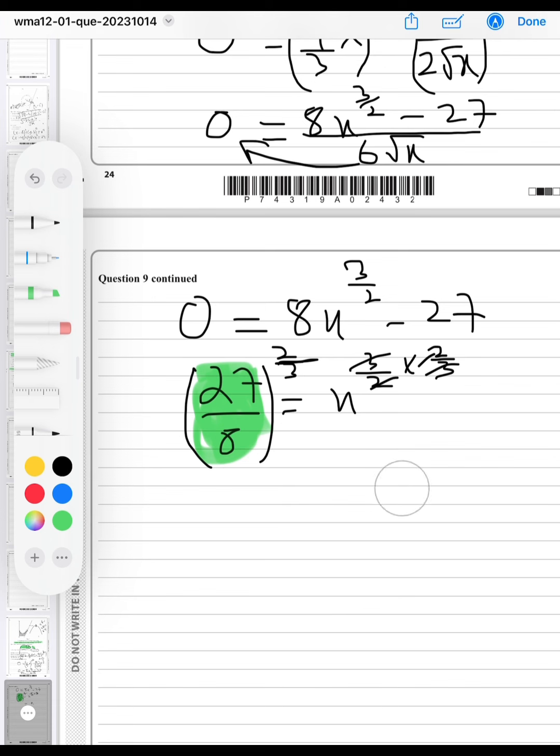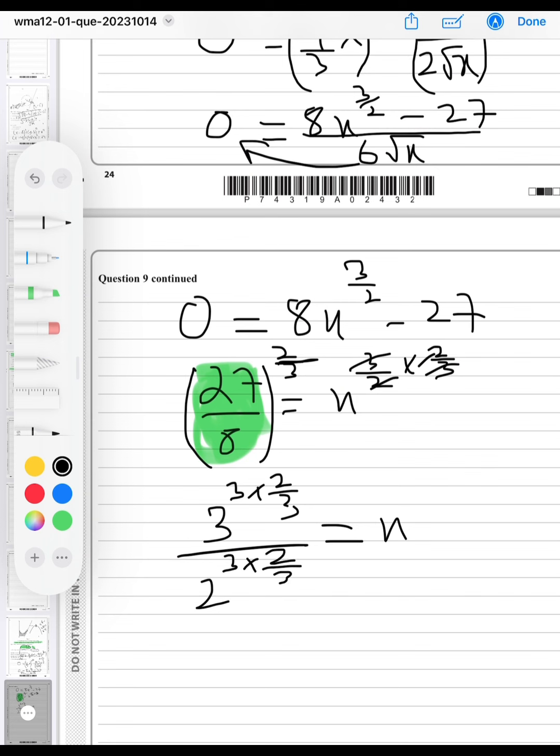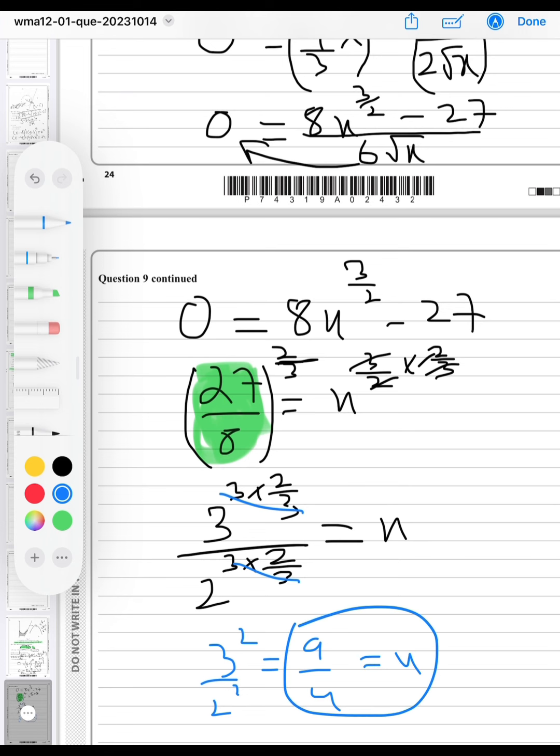So we will just break down these numbers into powers. So 3 to the power of 3 is 27, multiplied by 2 upon 3, and then 2 to the power of 3 is 8, multiplied by 2 upon 3. So now 3 and 3 cancel. 3 to the power of 2 is 9, and 2 to the power of 2 is 4. So x equals 9 upon 4.